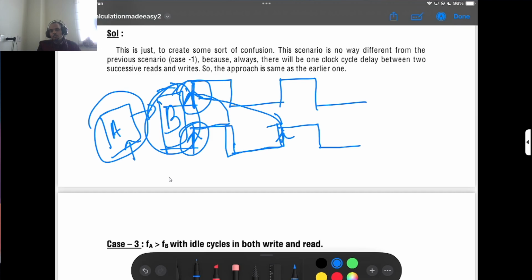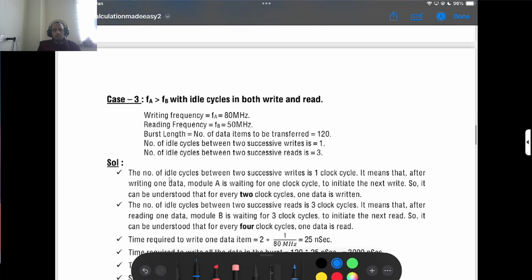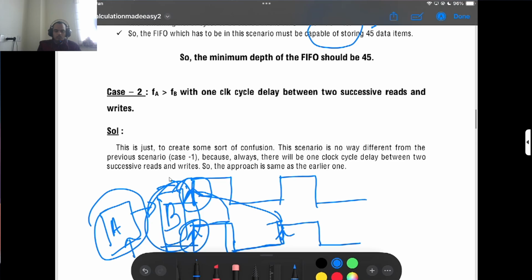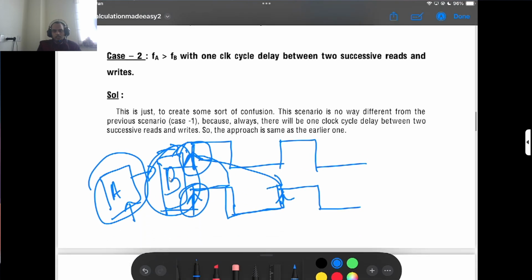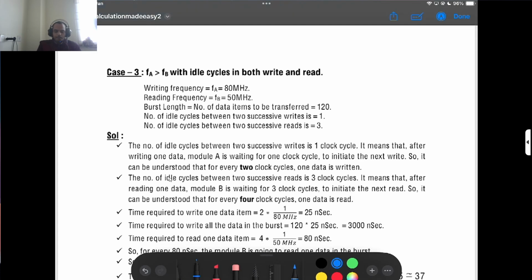It's the same problem as the previous one. So you need not worry about FA greater than FB with one clock cycle delay between two successive reads and writes. Case 2 is not that elaborate, it's basically the same problem. Now case 3.